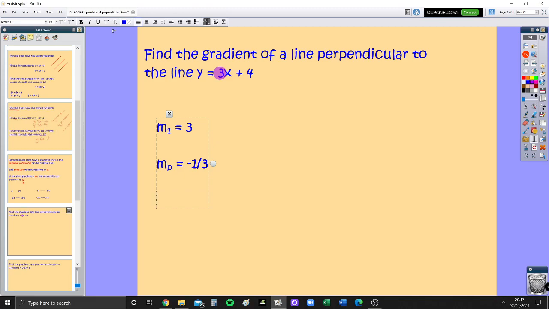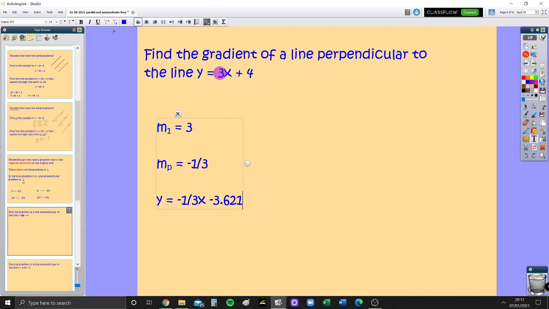You can then start to write the line equation. So we can have y equals -1/3 x, or -x over 3 would work as well. And because it's any line perpendicular, we've got our choice of our c value at the end. So you can have +2, +8, +1,000,000, or -2 even. Or I'm going to go for -3.621.